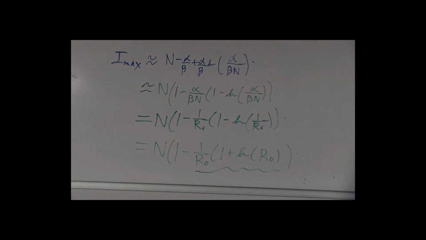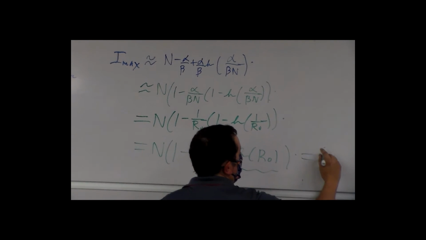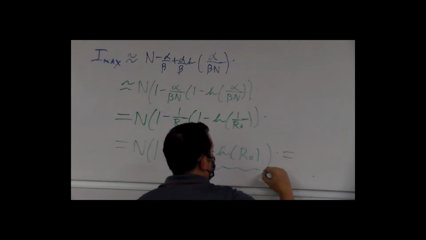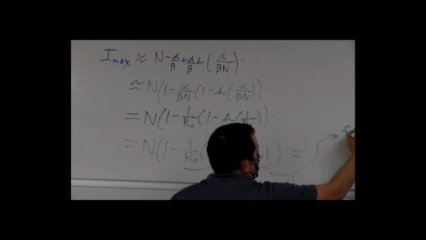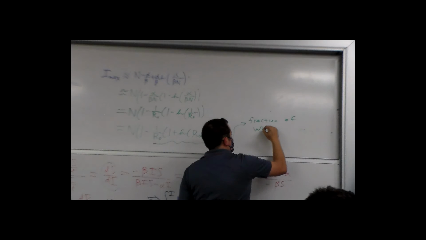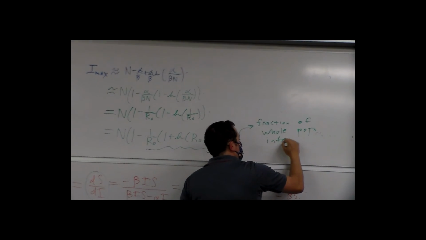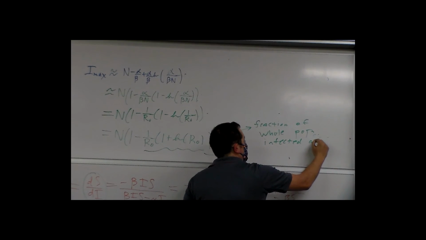A fraction. Yeah, this is just the fraction of the total population that will be infected at the peak. So this whole quantity is the fraction of the whole population infected at the peak.